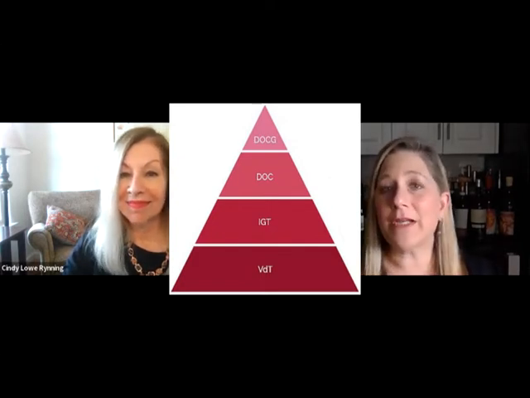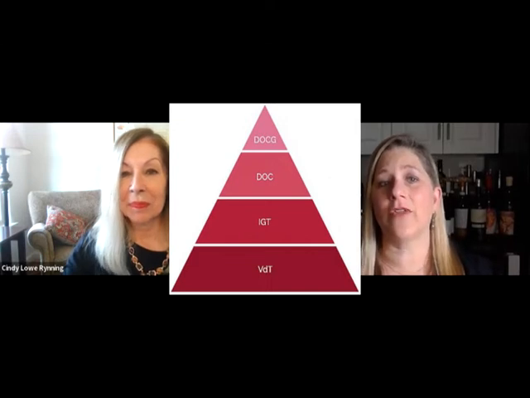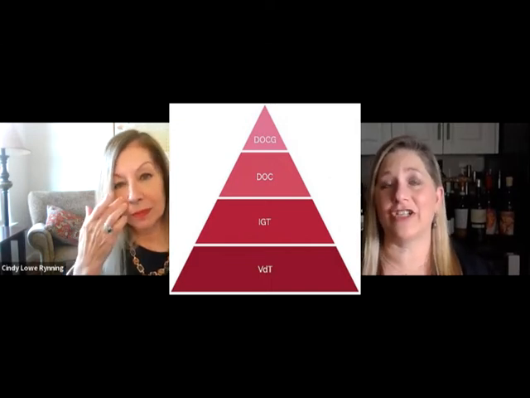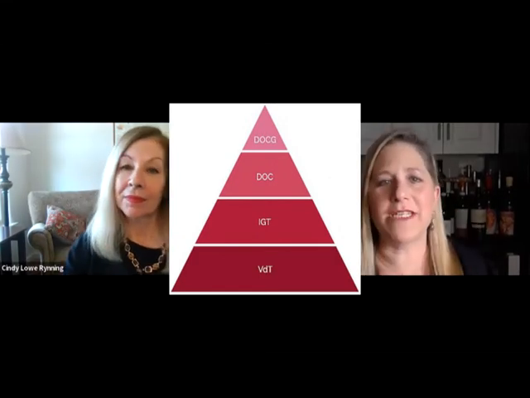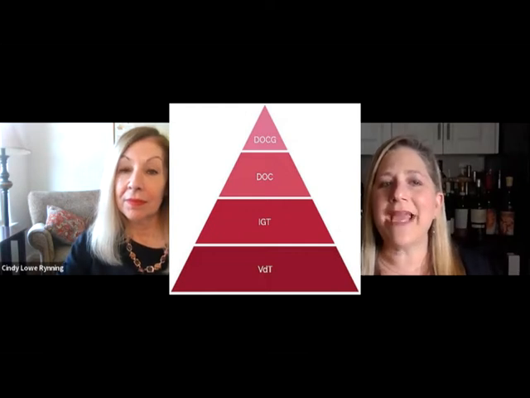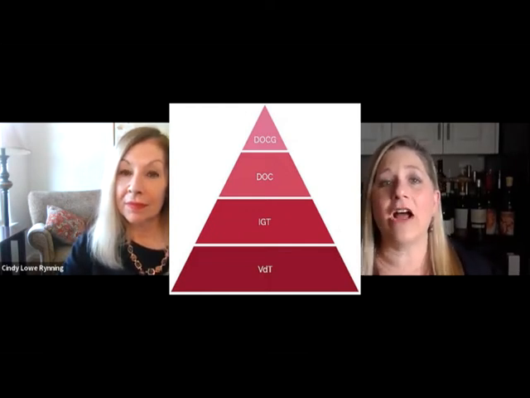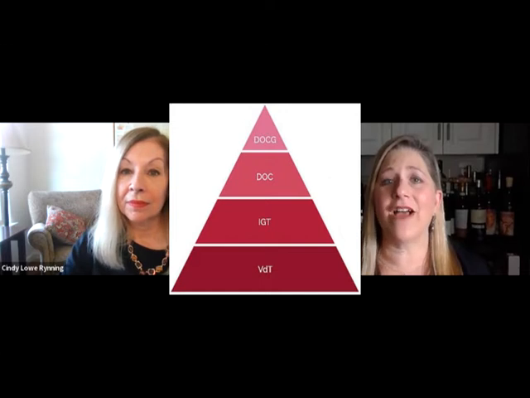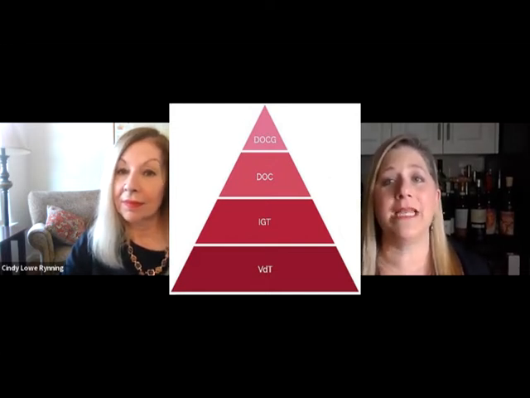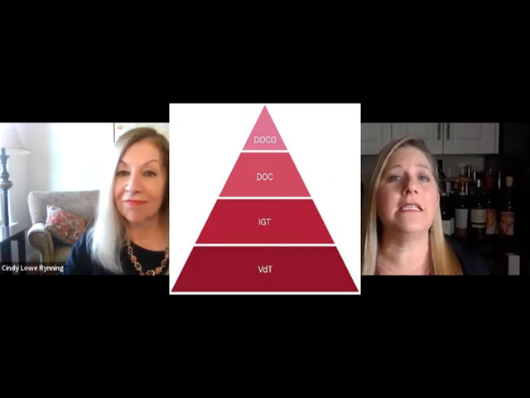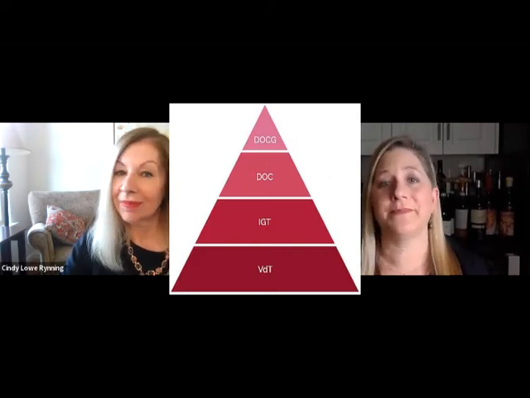And then the top of the pyramid is the DOCG, or the controlled and guaranteed designation of origin, sort of a step up from DOC. And that makes it a little bit more stringent. They have lower yields, and these wines have to pass an evaluation, an analysis, and a tasting by a government licensed committee before they can be bottled. There are currently 74 Italian DOCG wines.